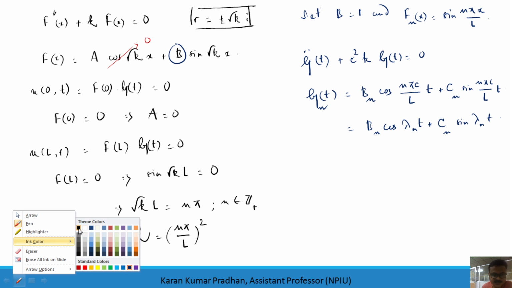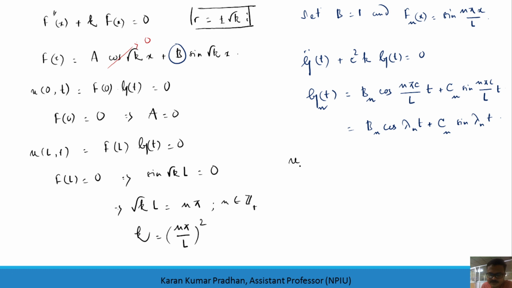So here I write u_n, because for different n we will have a different function for f and g. So I will write u_n(x,t), where f_n is this, and g_n is B_n cosine of lambda n t plus C_n sine of lambda n t, times sine of n pi x by L, where n equals 1, 2, 3 and so on.